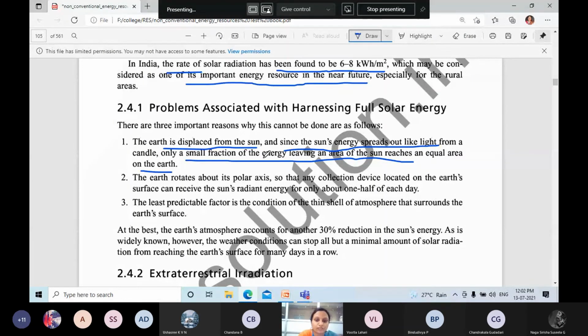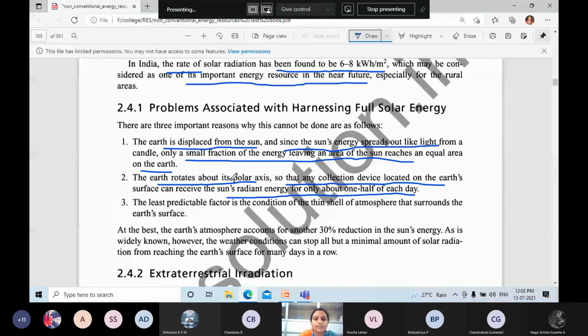And here the earth rotates about its polar axis, so any collection device located on the earth's surface can receive the sun's radiant energy for only about one half of each day. We cannot get the sun's energy for 24 hours, only some part of the day. So that is what they are saying.